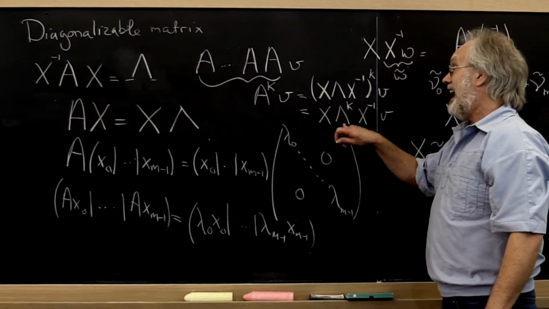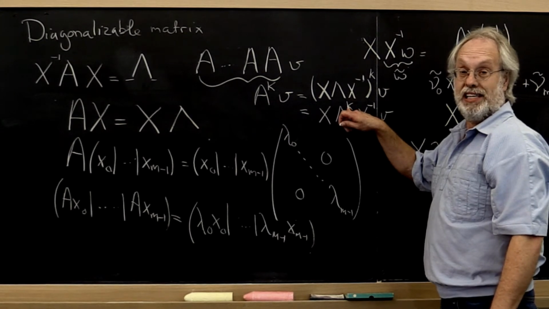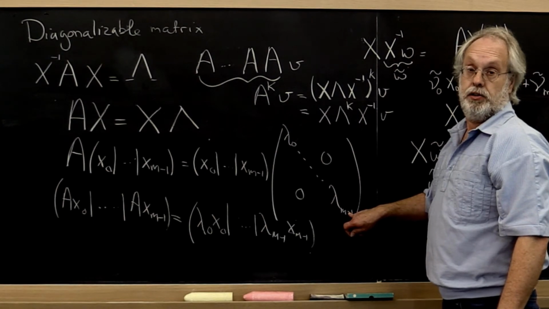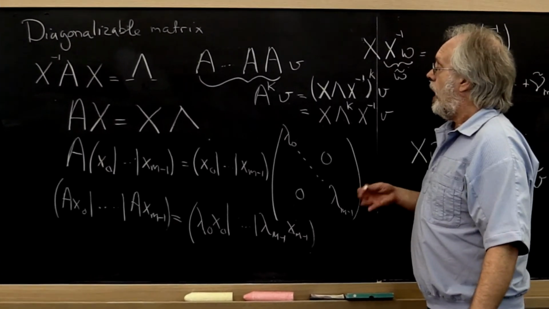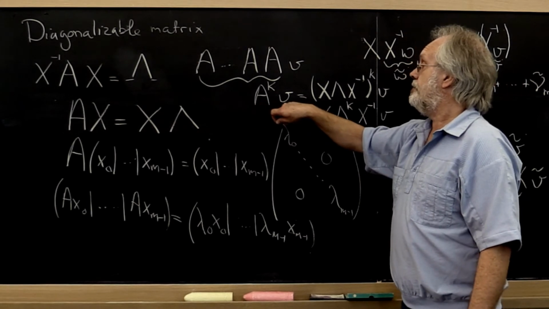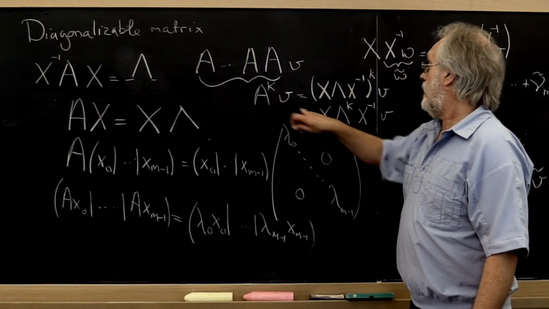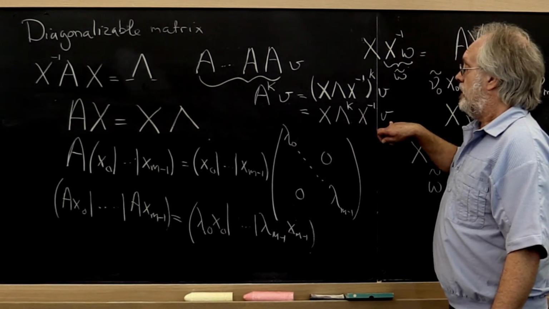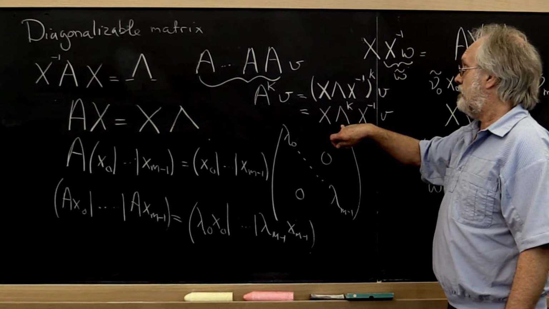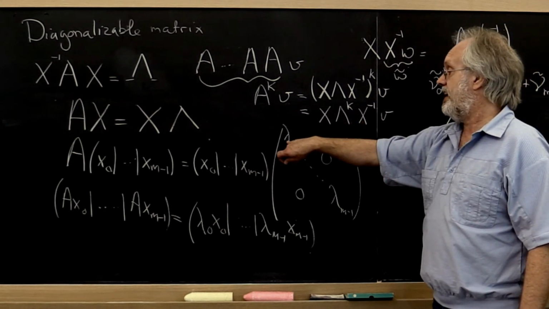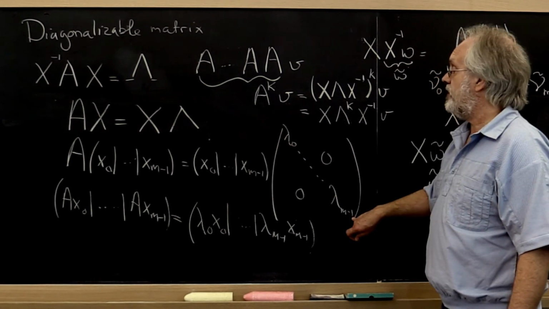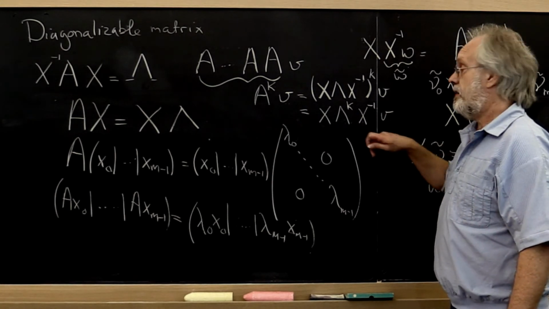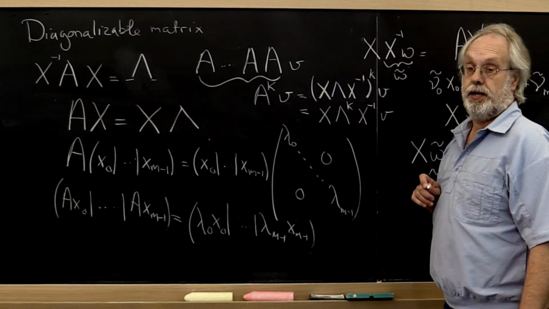Now, raising a diagonal matrix to the kth power is easy. That's a matter of raising each of the individual diagonal elements to the kth power. So now what you can do is, if you want to apply A to v k times, you can instead multiply v by X inverse, and then take the result of that and multiply it by Lambda to the kth power, which really is a matter of taking Lambda, each individual entry on the diagonal, raising it to the kth power and multiplying it times the corresponding element in the result of this right here.